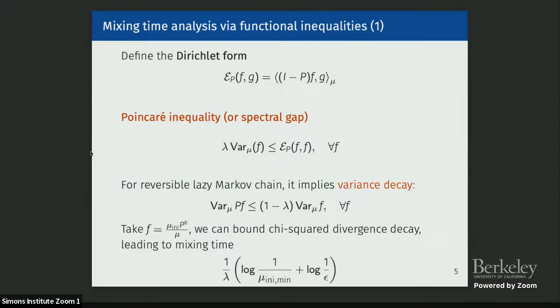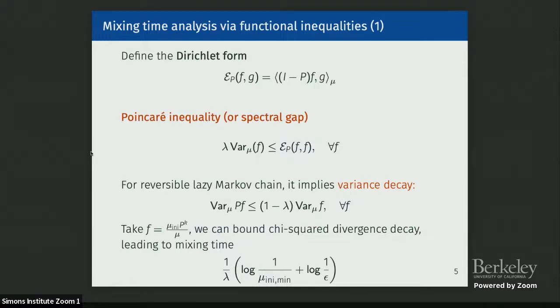There are many ways to prove the mixing time of a sampling algorithm or Markov chain. One dominant way is to prove mixing time by functional analysis. I think in the bootcamp we have seen this. We can define what is called a Dirichlet form. The Dirichlet form takes in two test functions, f and g, and computes the inner product between (I minus P) times f and g with respect to the measure mu.